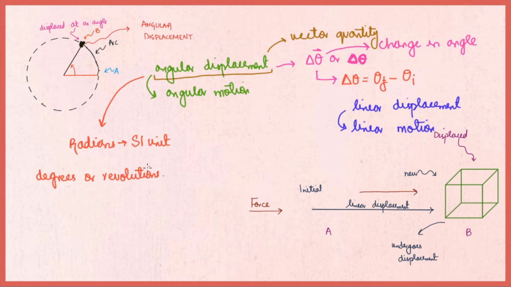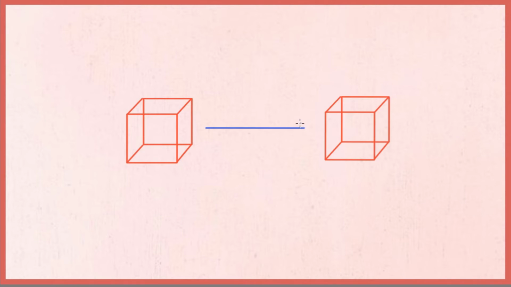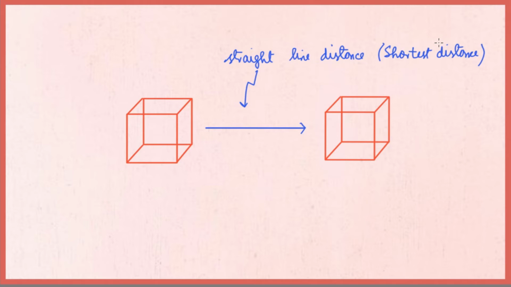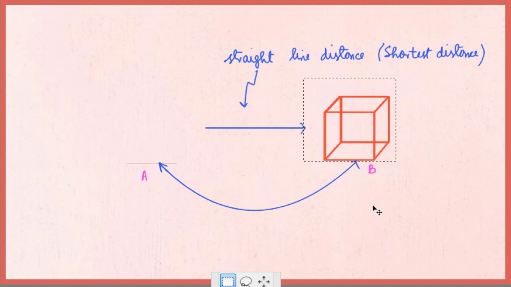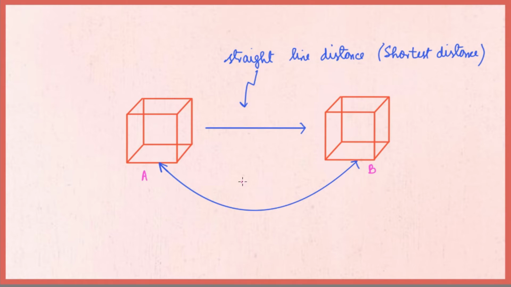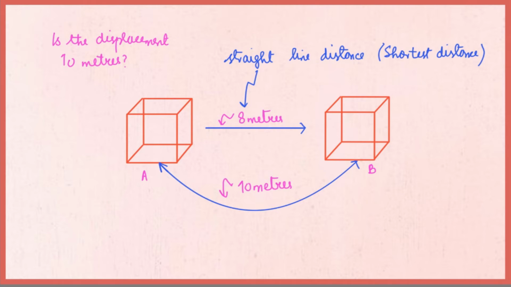In linear motion, the displacement is the measure of a straight line distance from initial to final position. Look, I don't mean to confuse you. Just take the same box and move it along the arc between point A and B. The box is displaced. Let the distance covered by the box be 10 meters. Is the displacement 10 meters too? No, it's not, because displacement is the measure of the straight line distance between 2 points.